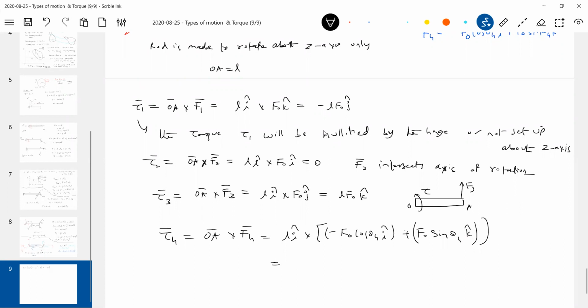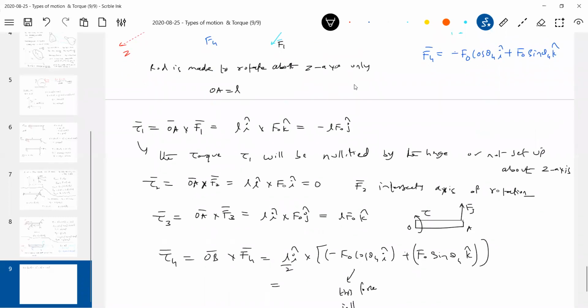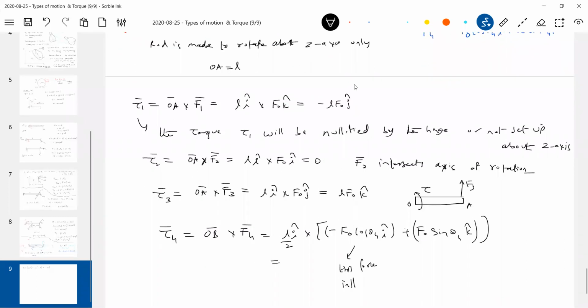So it's a simple thing. This force, OB, I'll write it here, L by 2 i cap, you write it. This force intersects the axis of rotation.